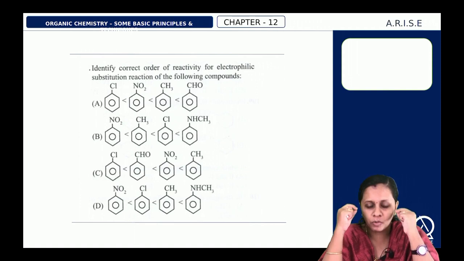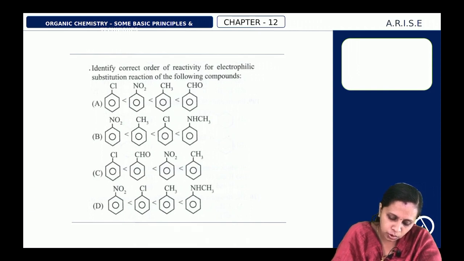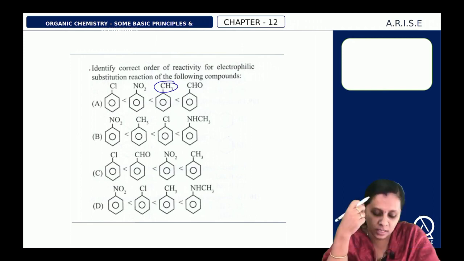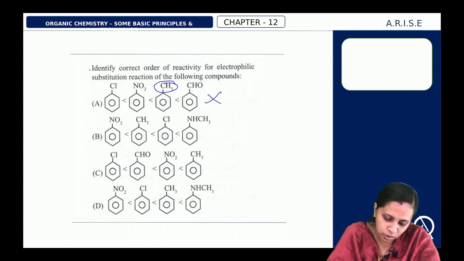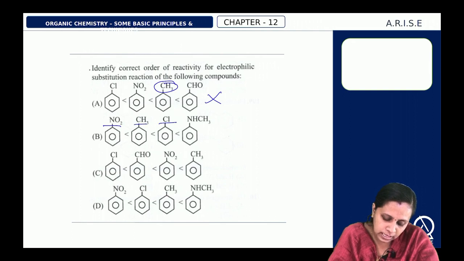Based on that concept, you are able to answer this question. Here, which are the groups given? CHO, CH3, NO2, Cl. CHO is a deactivating group, but CH3 is an activating group, so that should have the greatest electrophilic substitution tendency. So obviously, this is a wrong option. Then you have NO2, CH3, Cl, NHCH3. NHCH3 is also an activating group, Cl is a deactivating group, and CH3 is an activating group.